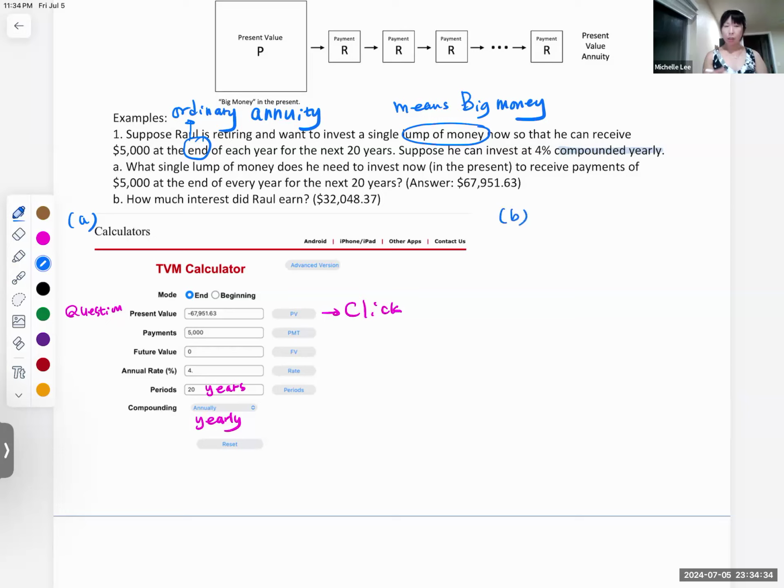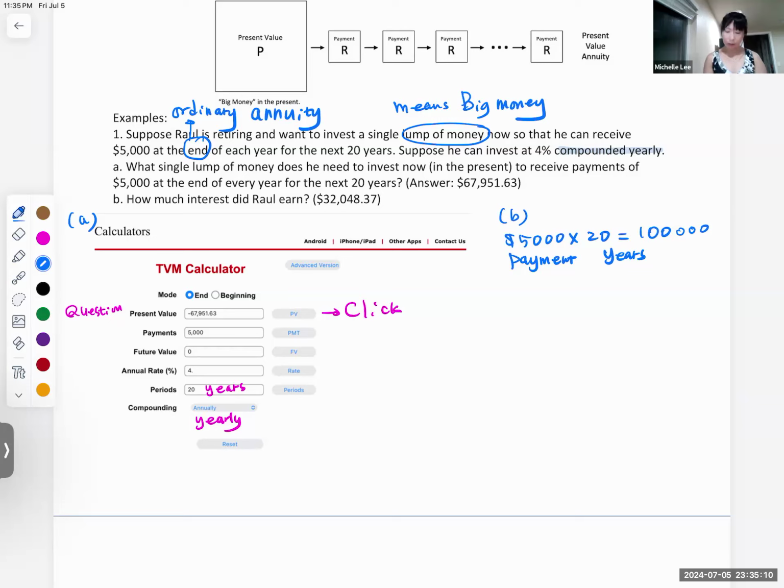He earned $5,000 times 20 years, payment times years. Then he earned $10,000... Then for the interest, how much did he earn in interest?